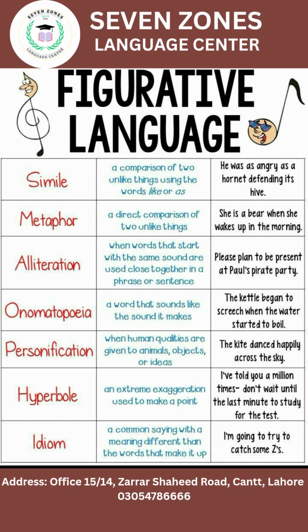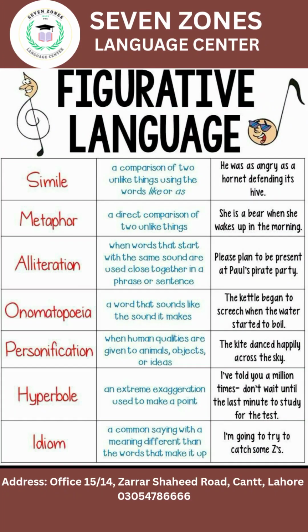So the kite is dancing happily. Dancing is something purely related to humans. That's what humans can do. But you're attributing it to the kite and the sky, both of which are non-human things. So that is personification.